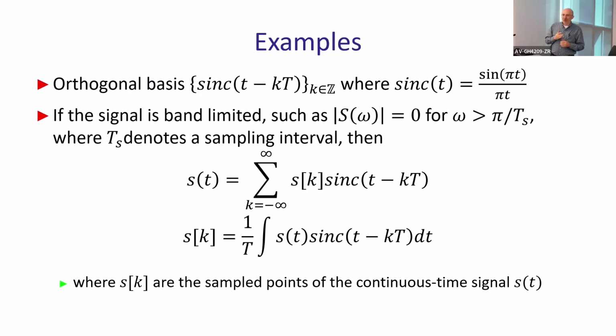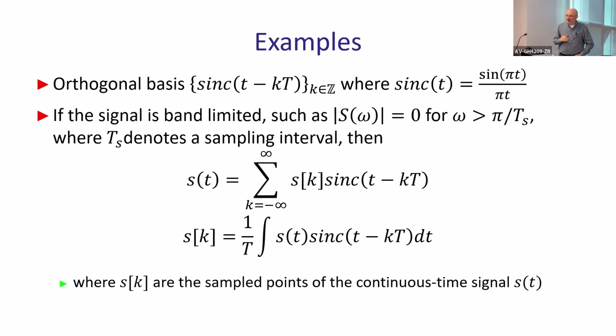So the claim is that if a signal is band limited, meaning the highest frequency in that band is below a particular threshold, so only lower frequencies are present, you can reconstruct that signal completely from discrete points. You sample that signal at a particular sampling interval T, or sampling frequency f, and you can reconstruct it if the condition on omega, larger than pi divided by T sampling, holds.